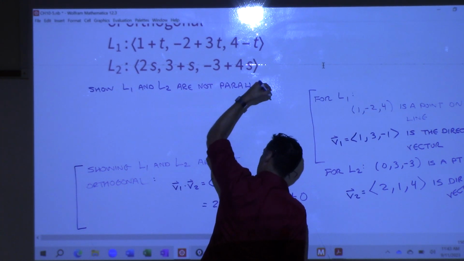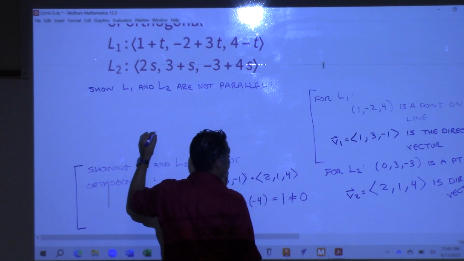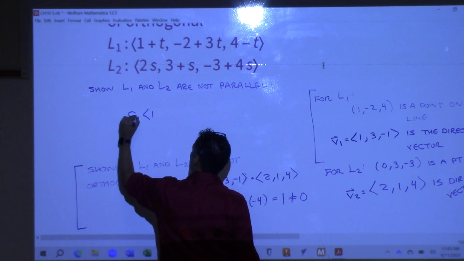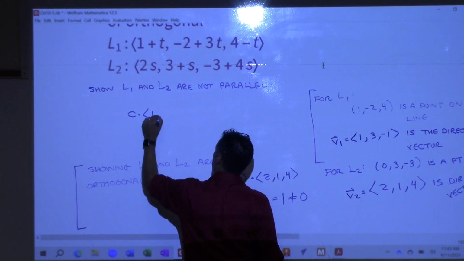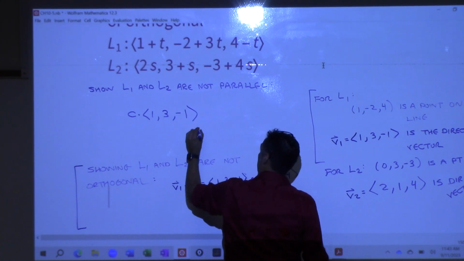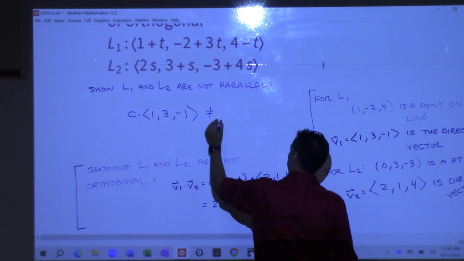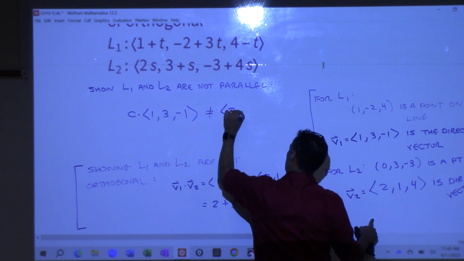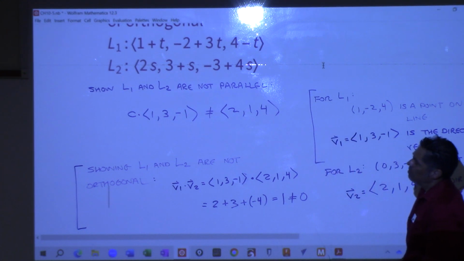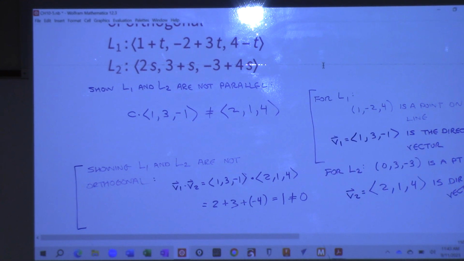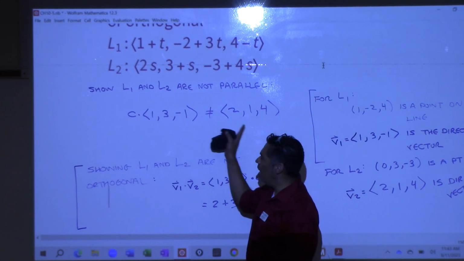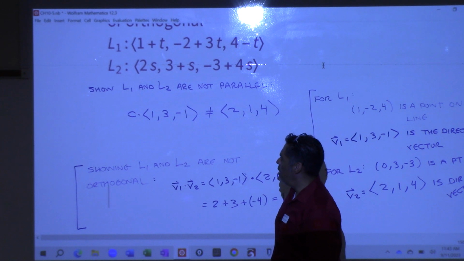And to do that, I'm going to show that if I take some constant c and I multiply it times the vector 1, 3, negative 1, you are never going to get the vector 2, 1, 4, right? It's not possible to make that happen. They're not scalar multiples of one another.